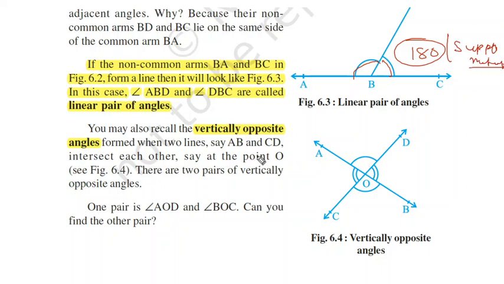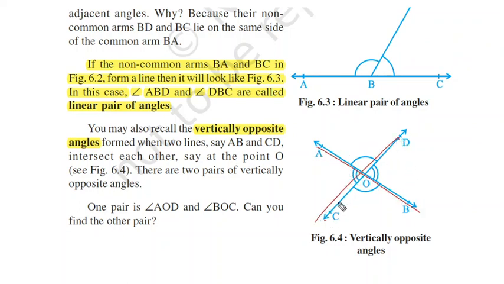Now we will discuss vertically opposite angles. What is a vertically opposite angle? Again, you have studied it in class 7. When two lines intersect, you can see two lines AB and DC are intersecting at a point O. Some angles are formed, and the opposite angles are called vertically opposite angles, like angle AOD is the vertically opposite angle of angle BOC.